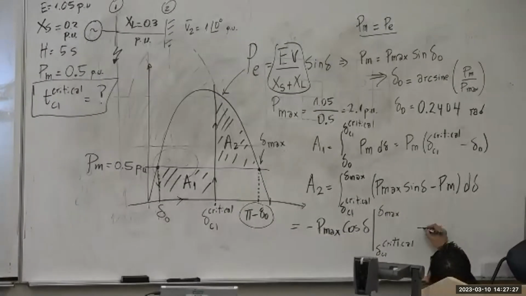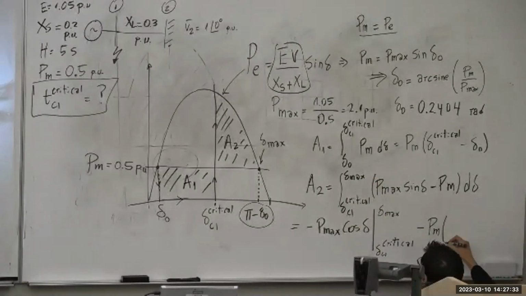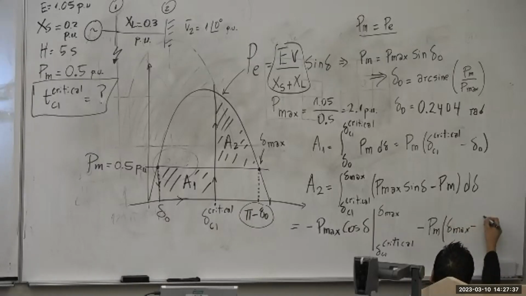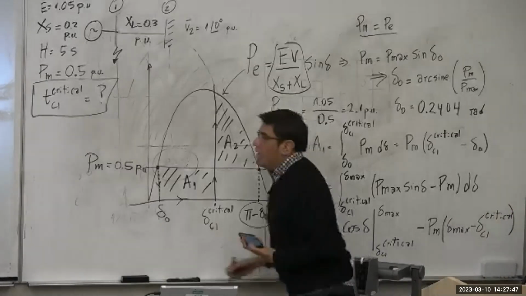So here we have negative PM evaluated on this limit. So you have delta max minus delta clearing, critical delta clearing, critical level. So that's a solution for area 2.